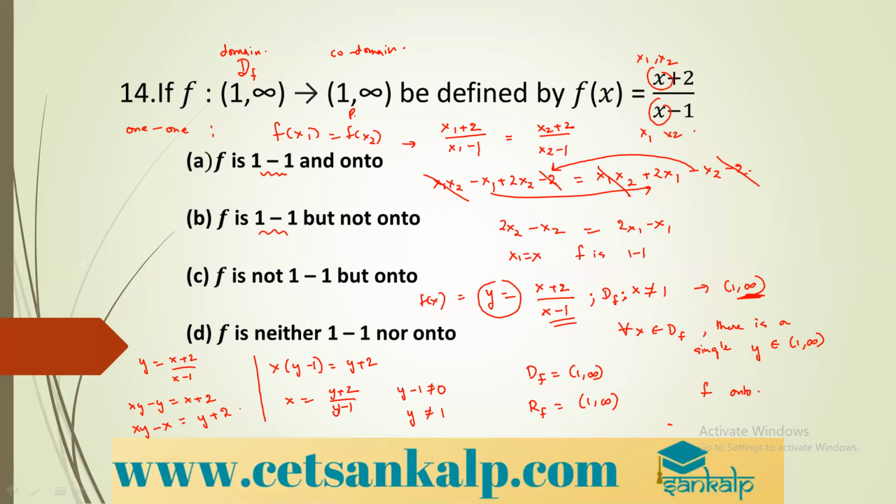I got the range of the function the same. And here I said only for x not equal to 1. You have to see, if x equal to 1, y is not defined. But for all other x, y is defined, a single y. That's why it became onto. So the function is one-one and onto, both. That means option A will work. One-one and onto.